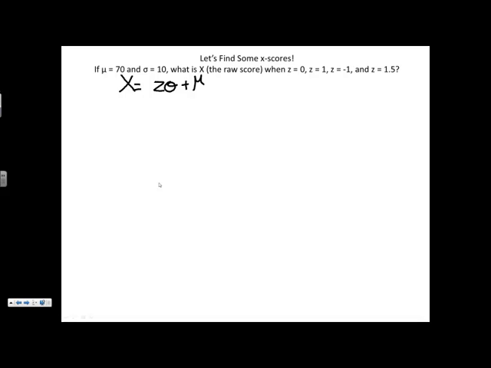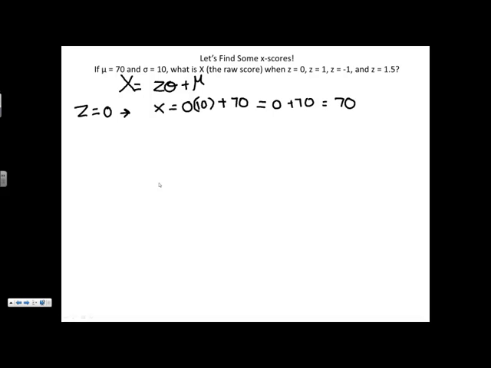When z is equal to 0, x equals 0 times the standard deviation of 10 plus 70. Well, 0 times 10 is 0, plus 70, and we end up with 70.